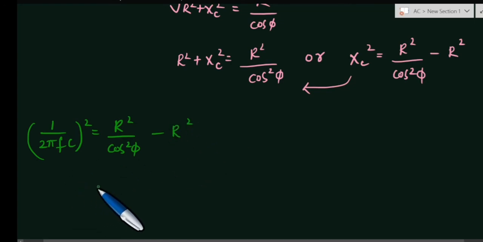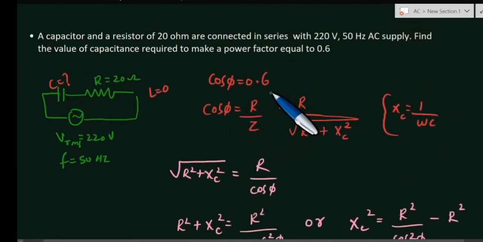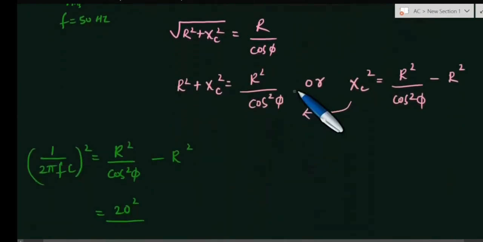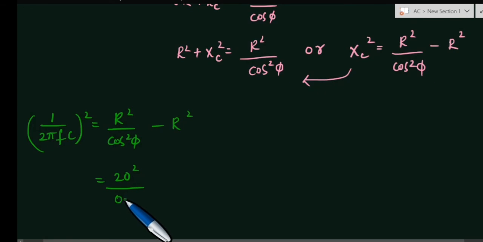If you substitute the R value, it is 20 square divided by cos square phi, where cos phi is given as 0.6, so 0.6 square, minus 20 square.